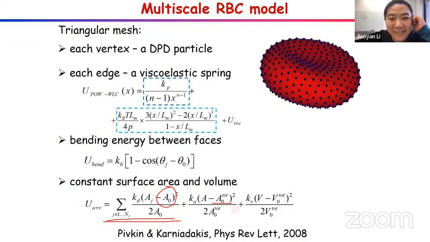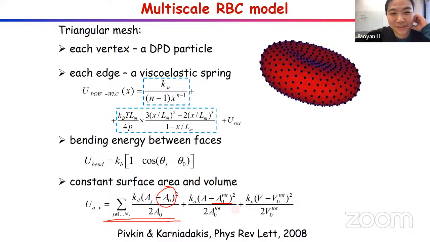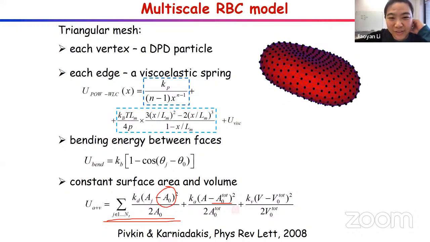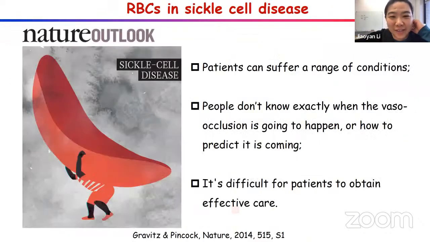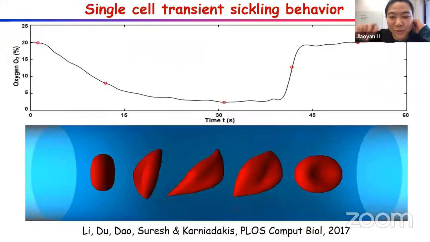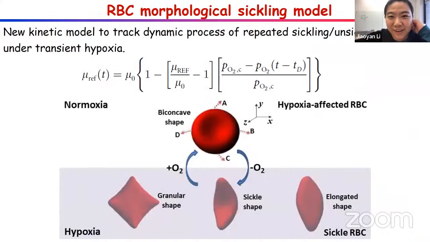Okay. My second question is about the coupling of the oxygen level with your DPD model. You have a kinetic model, where you showed the oxygen concentration. I'm wondering, what is the mu here, and how do you integrate this mu into the forcing term in your DPD model? Here the mu is the shear modulus of the cell membrane.